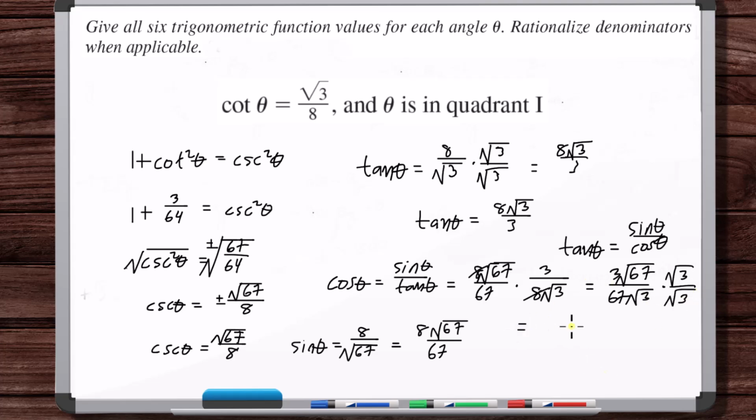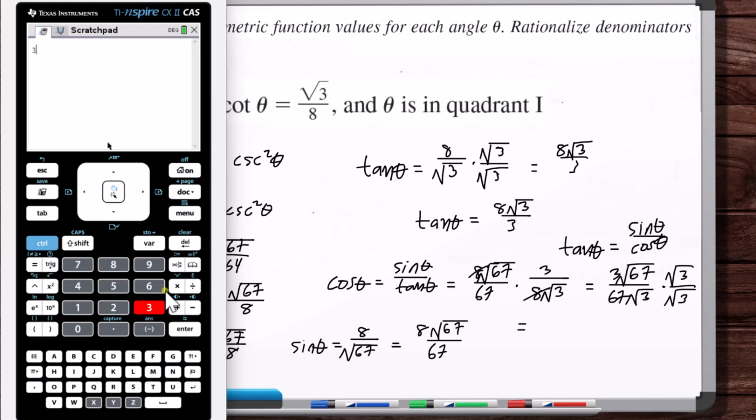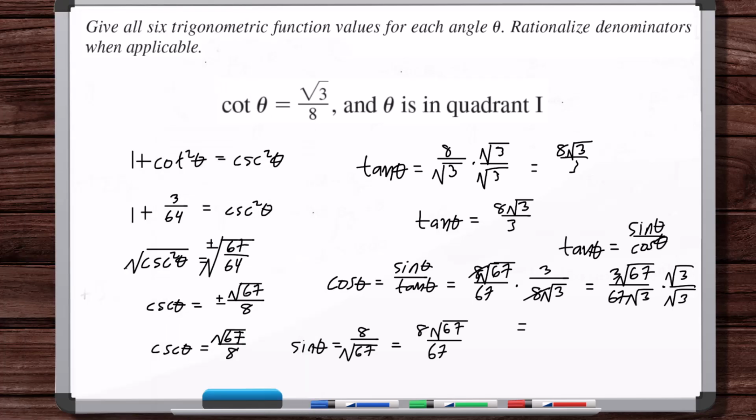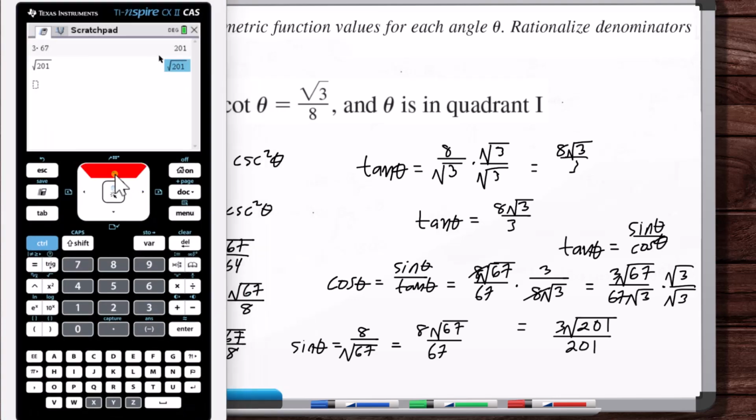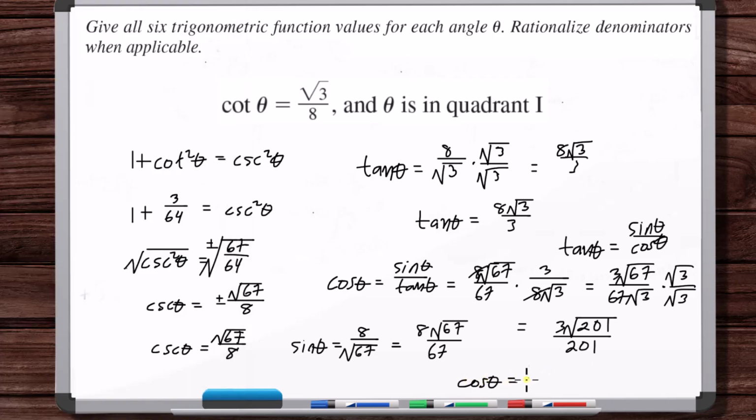So, okay, 3 times 67. And does that have... No. So 3 square root of 201 over, and then 201, and then 201 divided by 3, 67. So cosine theta is square root of 201 over 67.